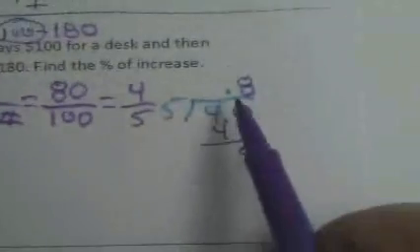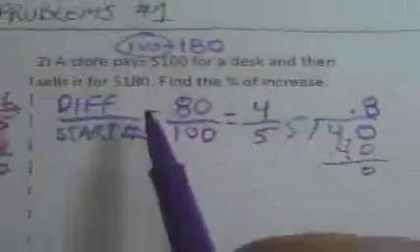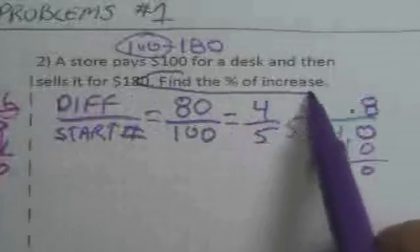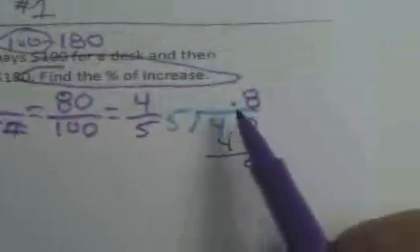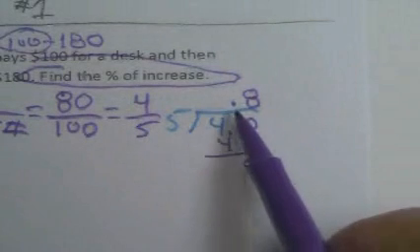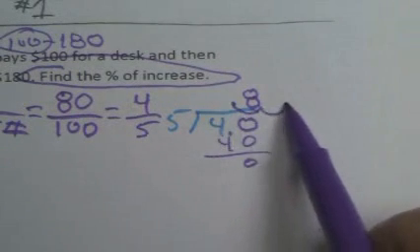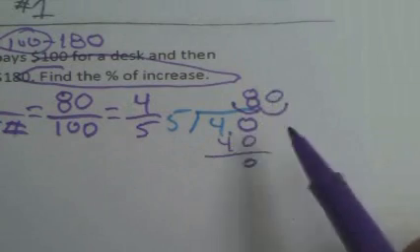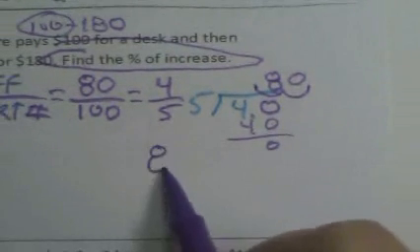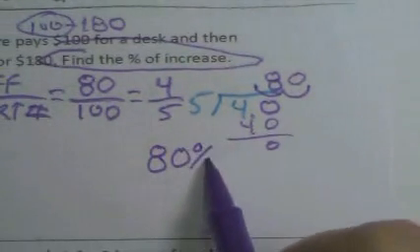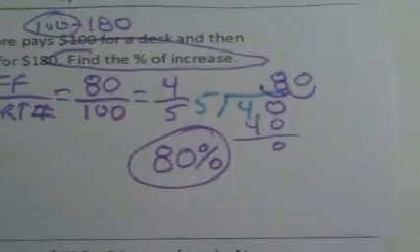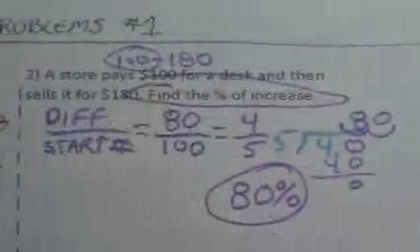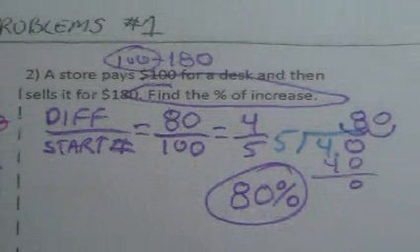So we have a decimal, and we're trying to find percent. We have a fraction, just divide to get the percentage. You're going to have to move this over 2 spaces if you want the correct answer. So that means that your percent of increase is 80%. So from 100 to 180, that's 80% increase.